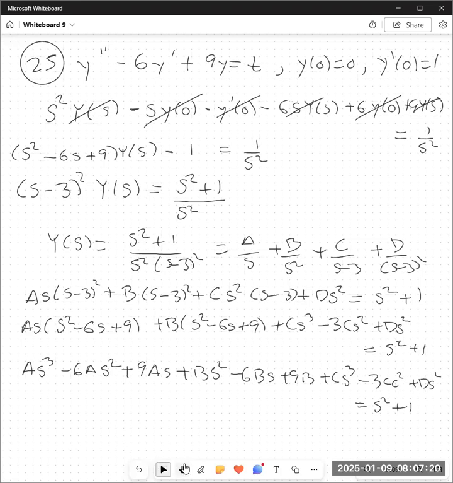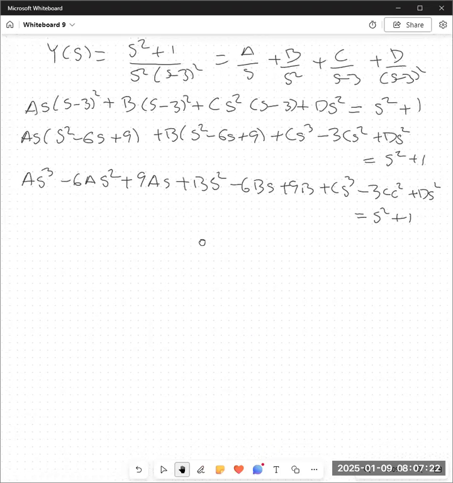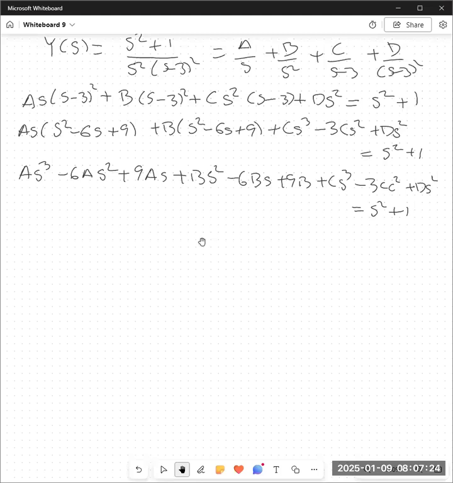Again, this would be a good one to use some matrices on. So let's go ahead and do that with my s cubeds, s squareds, s's, and s to the zeros. We have a, b, c, d, and solution.